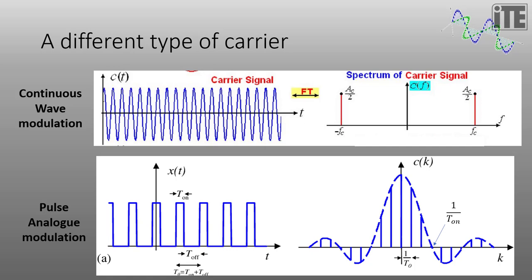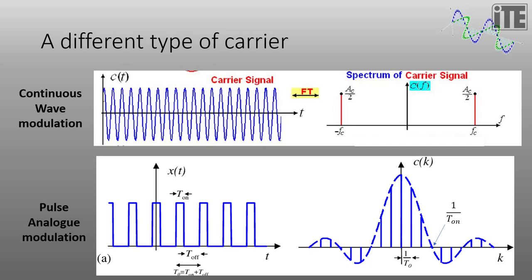So what we've been used to seeing at the top is our sinusoidal carrier signal, which you'll recall the spectrum of that is two impulses, one at Fc, the carrier, and one at minus Fc. The spectrum of a pulse train is shown at the bottom here, and it's quite a bit more complicated.